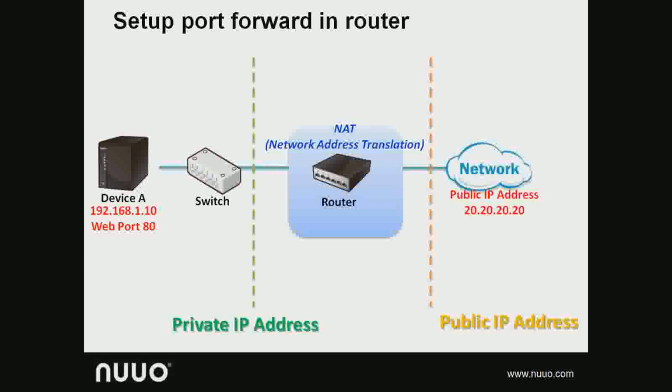NAT will translate the address 192.168.1.10 to the company's public address. For example, the public IP address is 20.20.20.20. So the internal address is identified as the public address when communicating with the outside world.